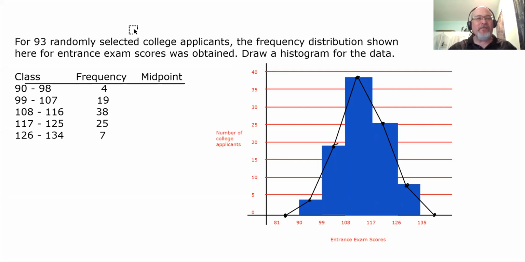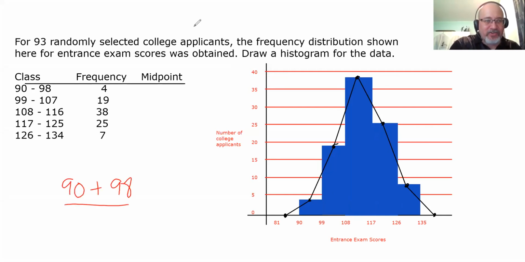For example, the first class is 90 to 98. And so to find its midpoint, we simply do 90 plus 98 divided by 2. It's just the average of the 2 numbers. 90 plus 98 is 188. And if we divide that by 2, we get 94. Our first midpoint is 94.